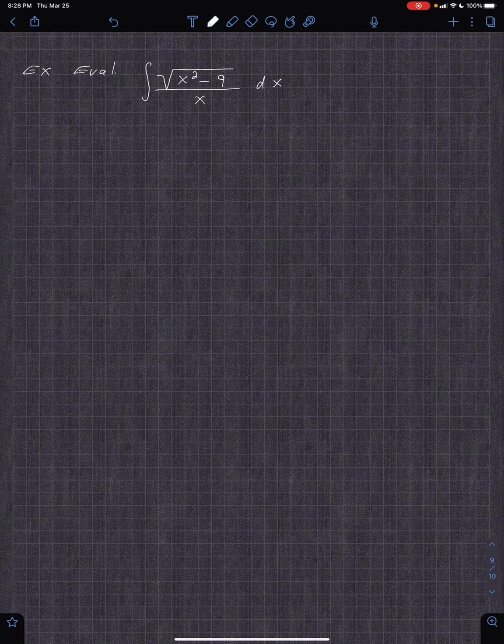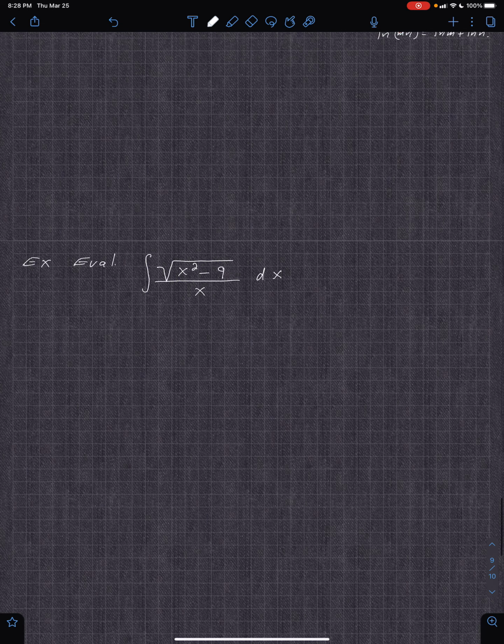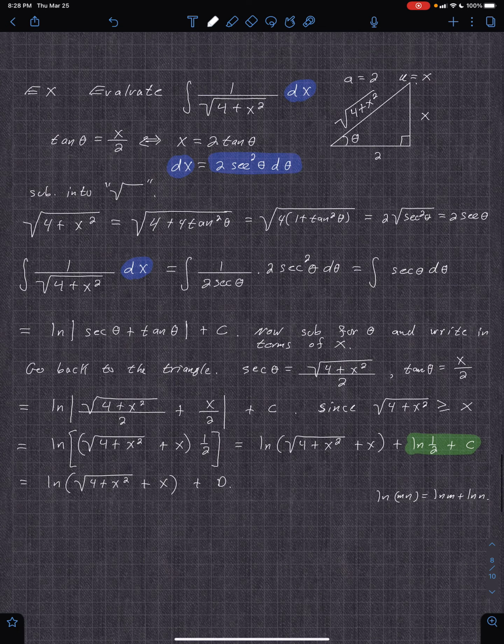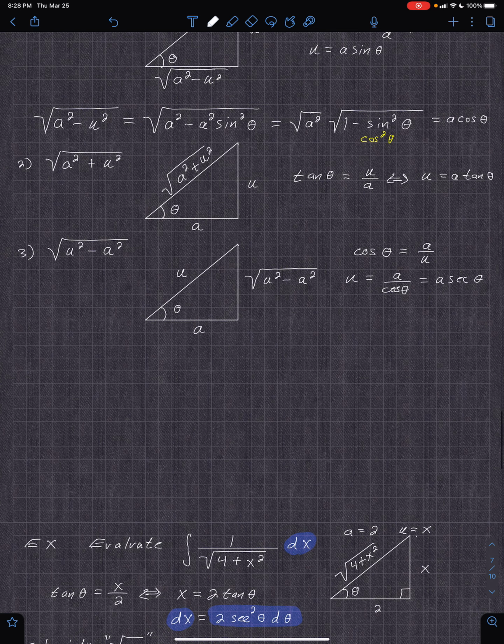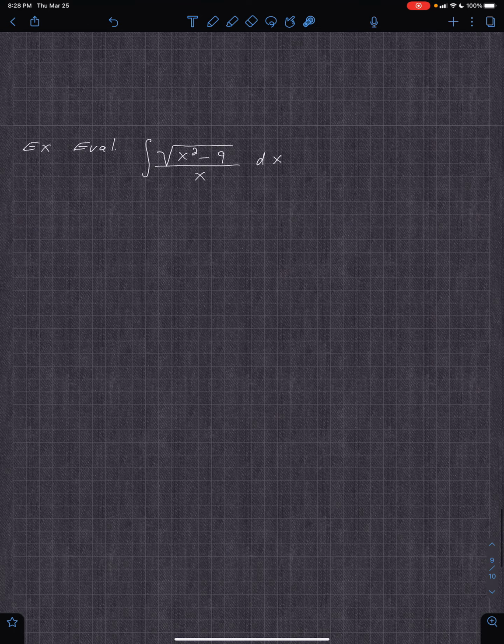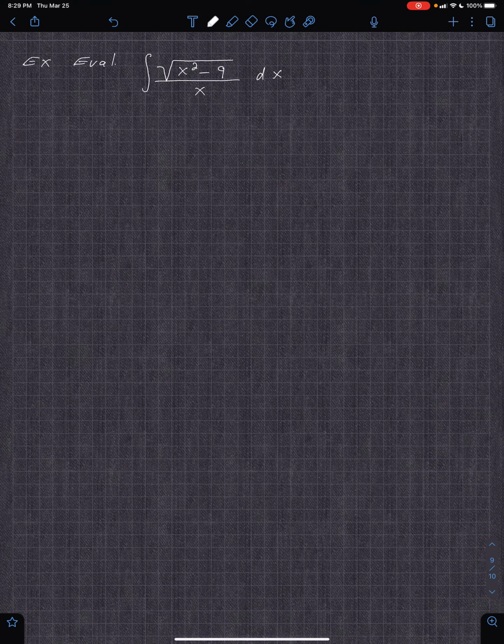Okay, so now we need to figure out our triangle in this case. So you go back and you see which case. You remember it was u squared minus something. So it has to be this case. It's the variable and then the constant. So then you know where to plug it into. So let's write that triangle down.